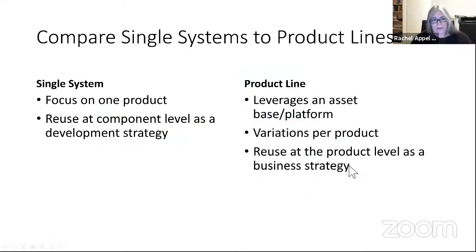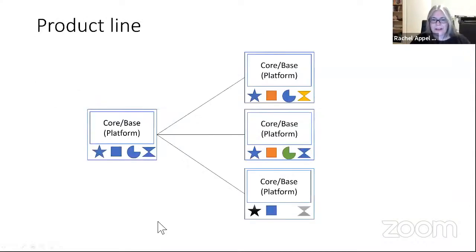So single systems versus product line. Single systems focus on a product, but the product line focuses on the whole base, the whole platform. The single system focuses on reusability at the component level and as a development strategy. But with a product line, your reusability is a business strategy, which is very different if you think about it. This is all about market segments.